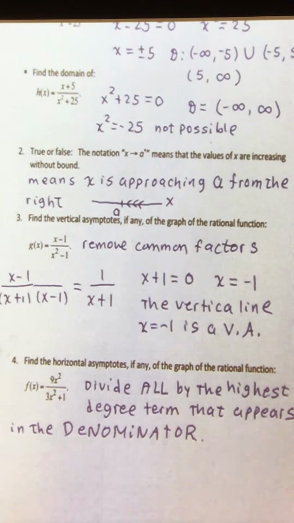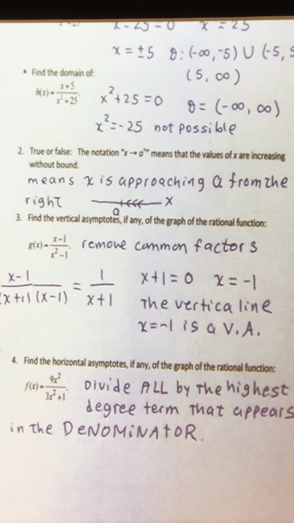This is an algebraic technique to find horizontal asymptotes for any rational function.